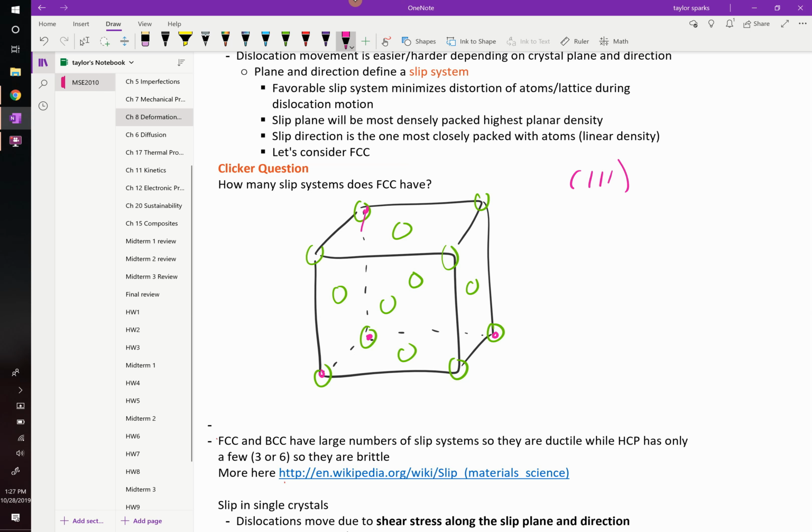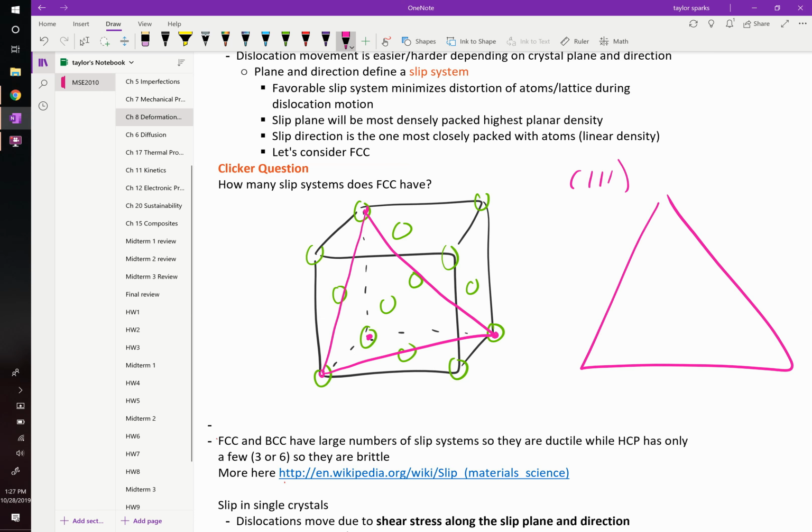So if we draw that, it's that plane. Or if we looked at that plane over here drawn out, it has atoms at the corners, but it also has atoms along these faces. That's a pretty densely packed plane. You can't find anything more close packed than the 1-1-1 plane.